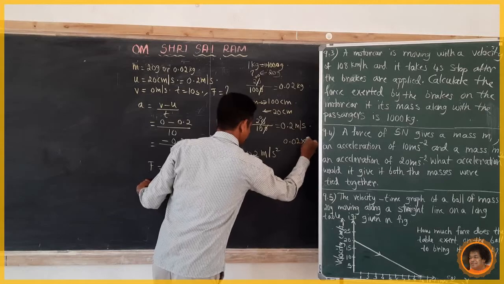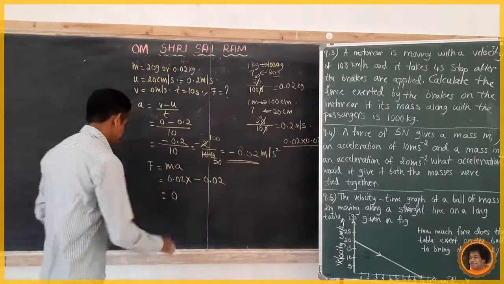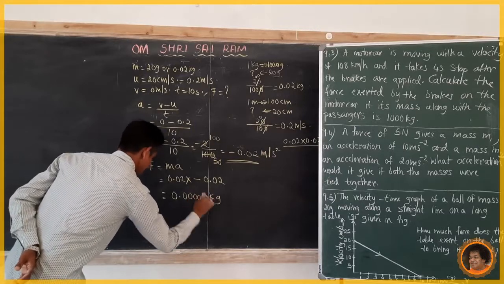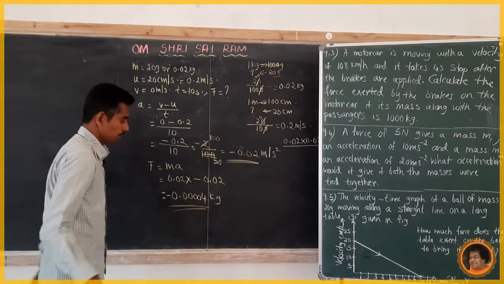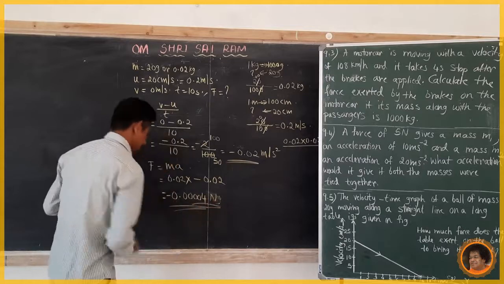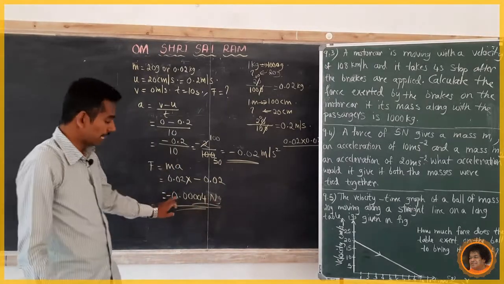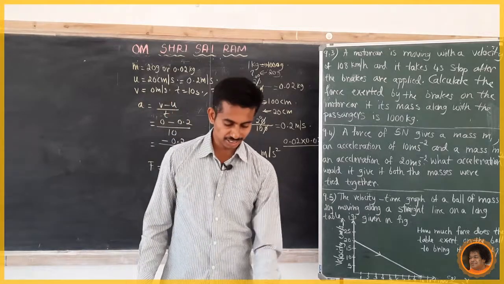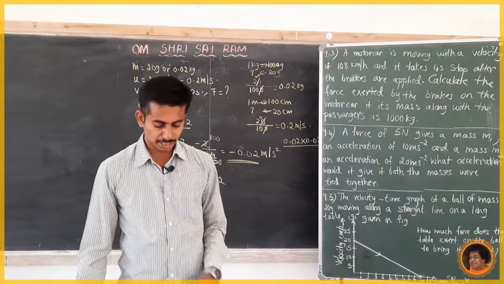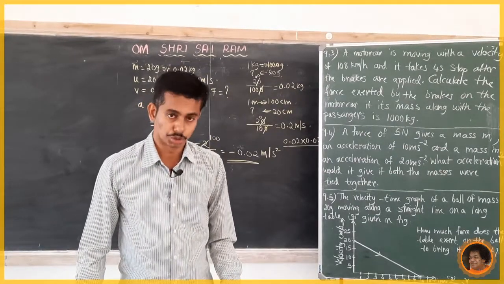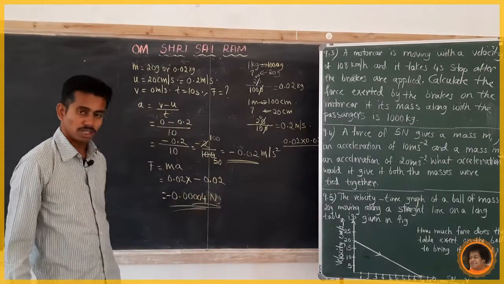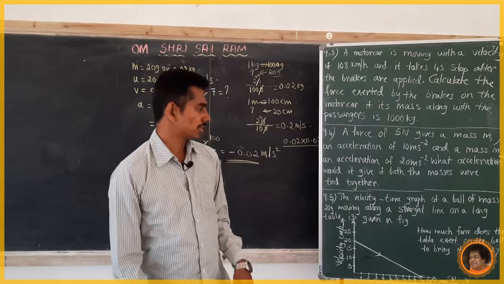Do it yourself, and we get the answer 0.0004. Now it is minus 0.0004 Newton. This is the force exerted. What does the minus sign indicate? The negative sign implies that the friction force exerted by the table is opposite to the direction of the motion. So minus 0.0004 is the answer, the force exerted on that body.